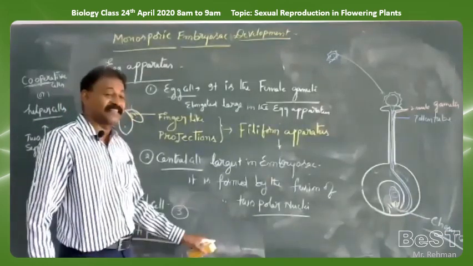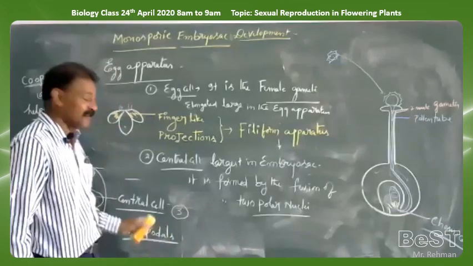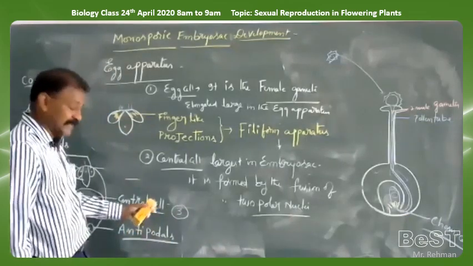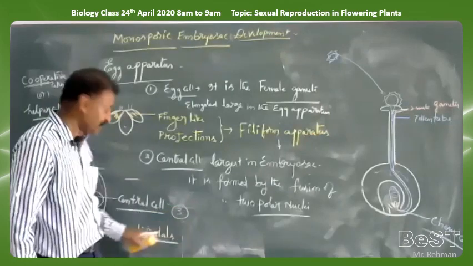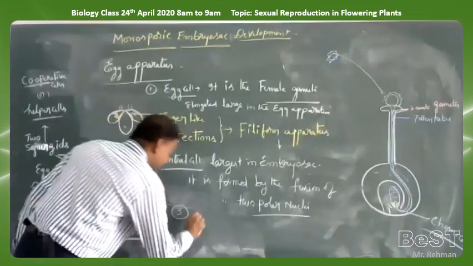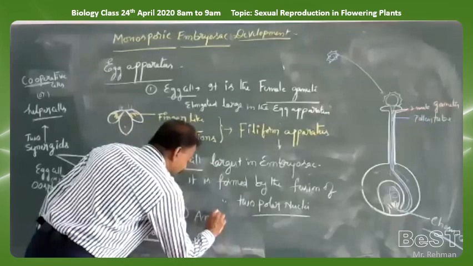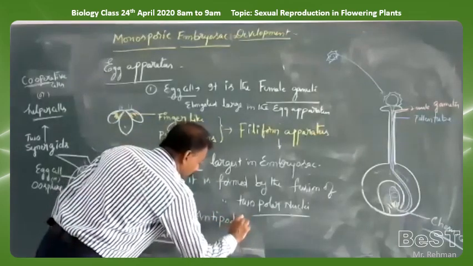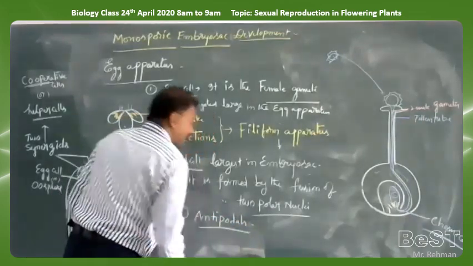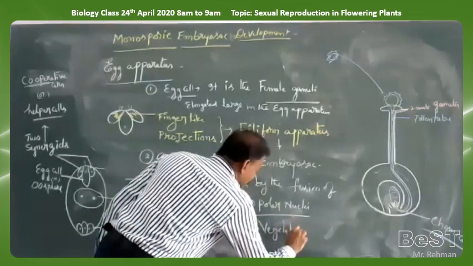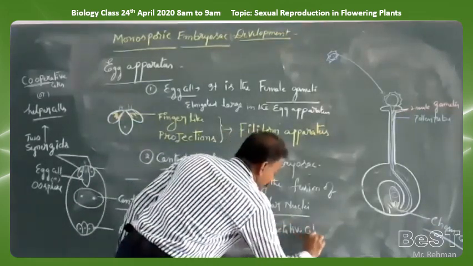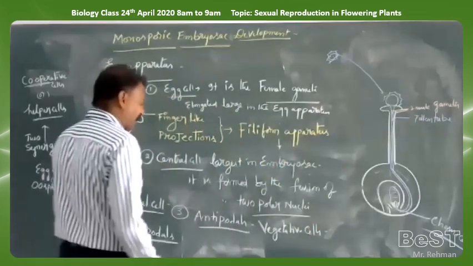It was thought that they may supply food material just before fertilization, and at the time of fertilization or after fertilization, they will degenerate. Antipodals, vegetative cells, short living.